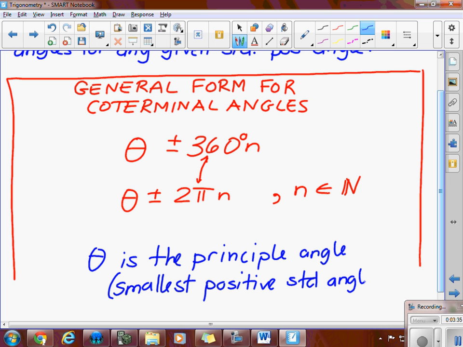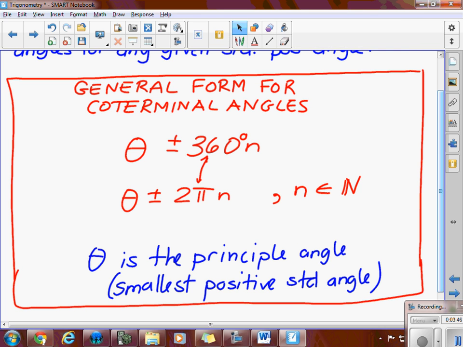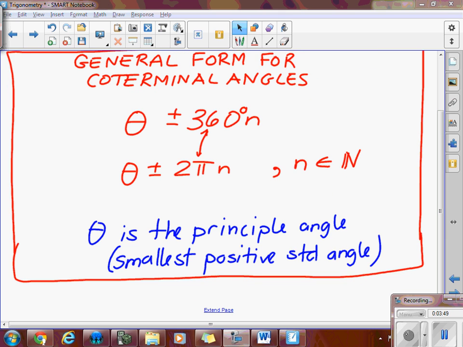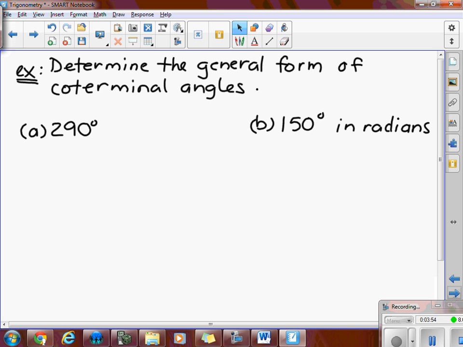So if you can get back to your smallest positive standard angle, then we're talking about the principal angle. So these two things here are what we're going to be using today. So let's jump into some examples right here.